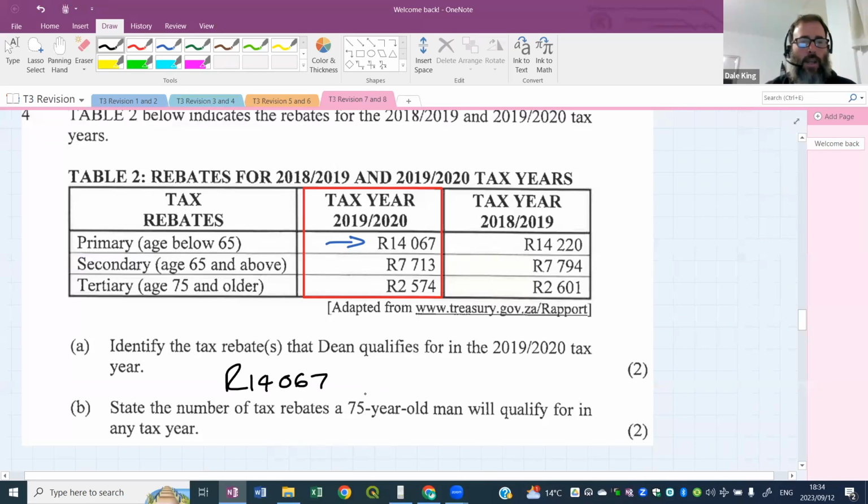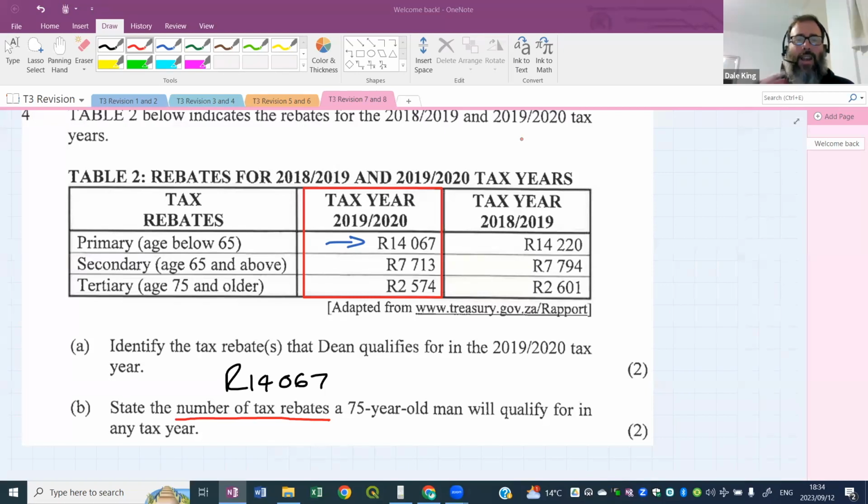Now, question B: state the number of tax rebates a 75-year-old man will qualify for in any tax year. Careful with the wording. Yes, Ben. State the number of rebates, not what are the rebates, or state the rebates, or write down the rebates, or give the rebates.